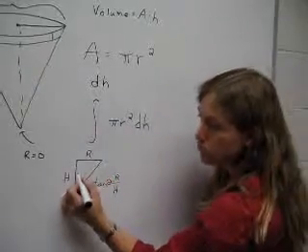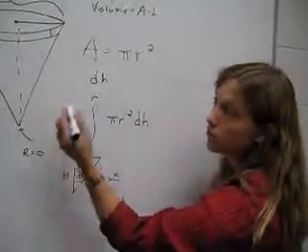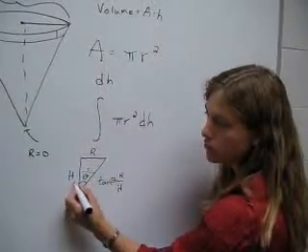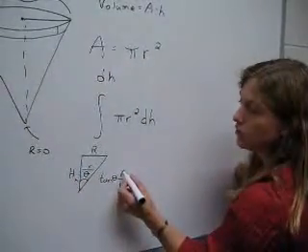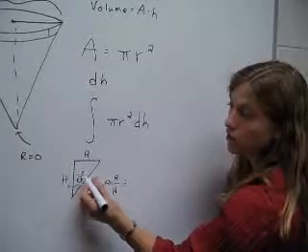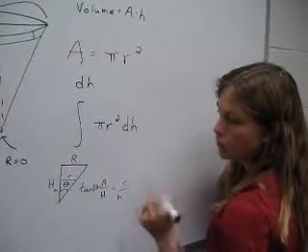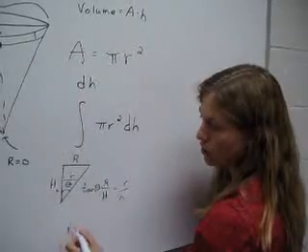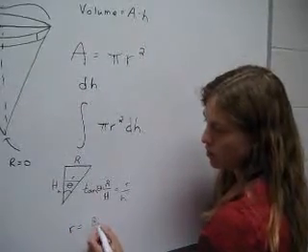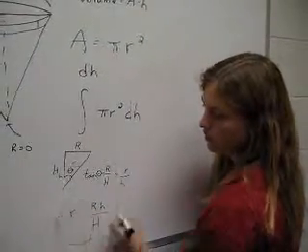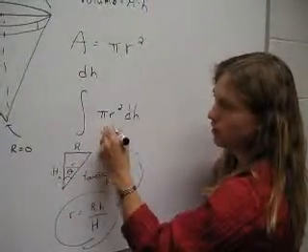If I consider a smaller triangle right here, as if I were part of the way down the cone, this would be little r, and this I can call little h. So the tangent of theta is also little r over little h. I can solve for r, and I will get r equals big R times h over big H. I take this and plug it in right here.